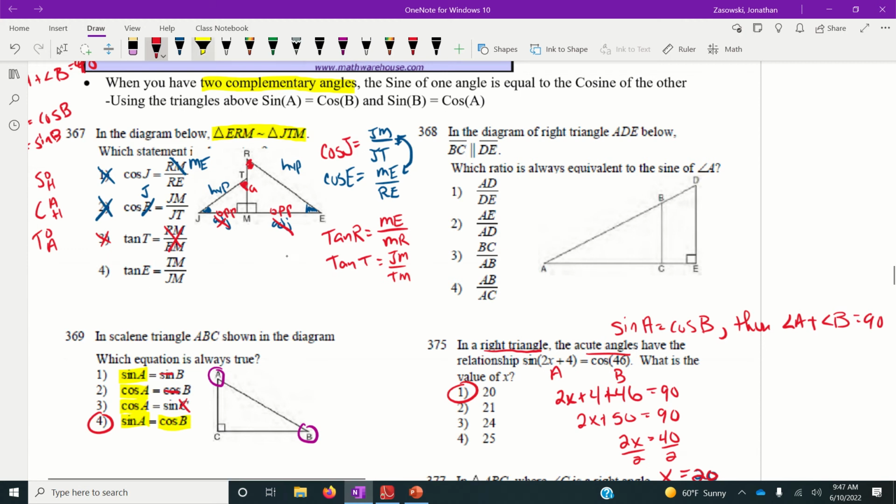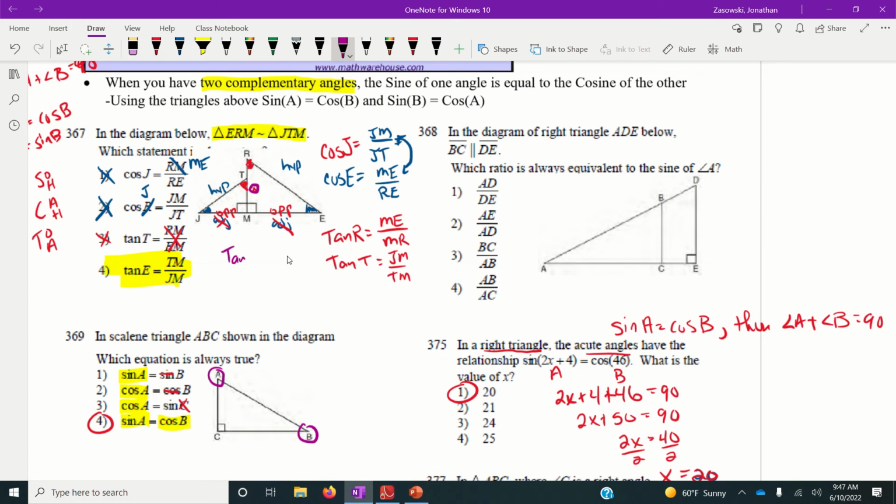And we can actually find the tangent of E by labeling the opposite, which would be RM, over the adjacent, which is ME.